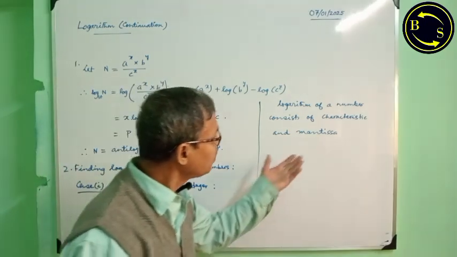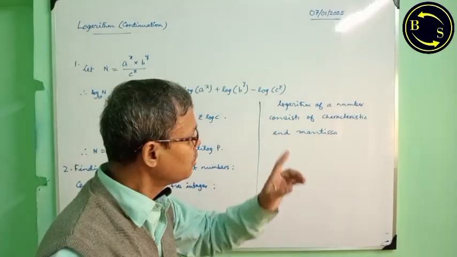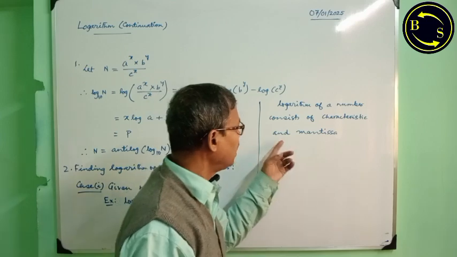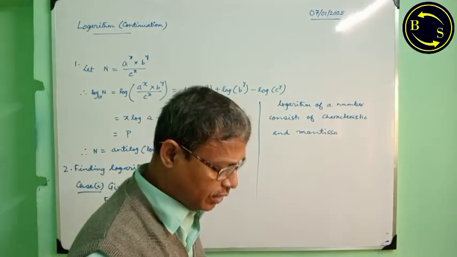Logarithm of any number consists of two parts. The first one is called characteristic and the second one is called mantissa.